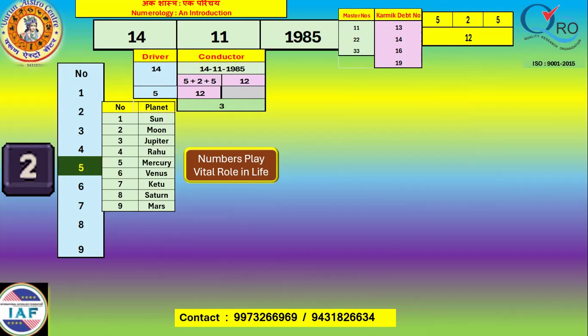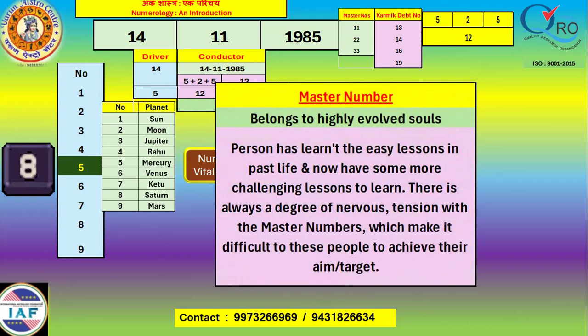So both master numbers and karmic debt numbers have relations with the past life. Master number belongs to highly evolved souls. The person has learned the easy lessons in the past life and now has some more challenging lessons to learn. There is always a degree of nervous tension with the master number, which makes it difficult for these people to achieve their aim or target.